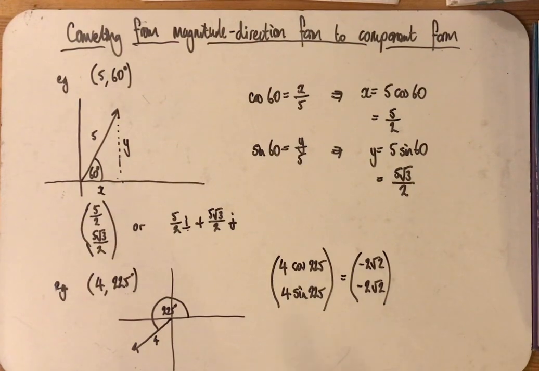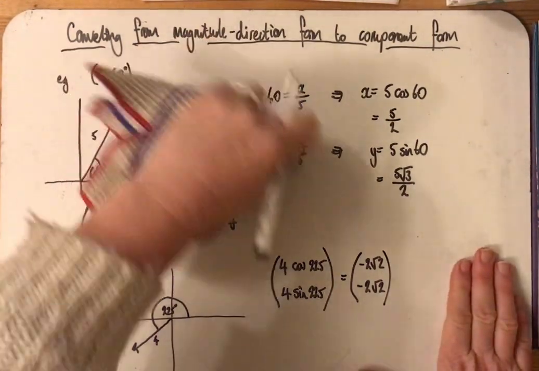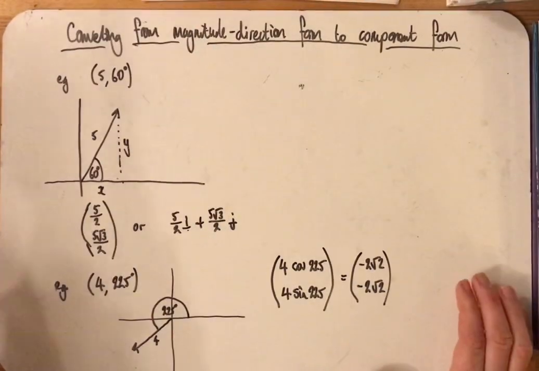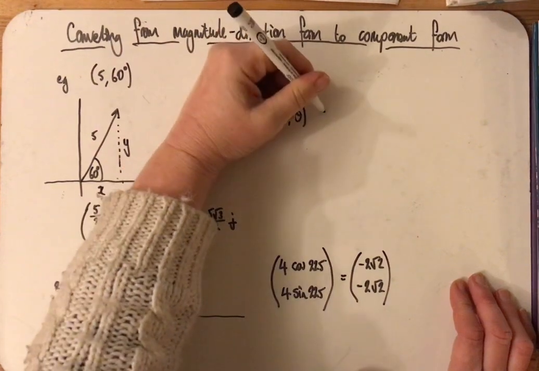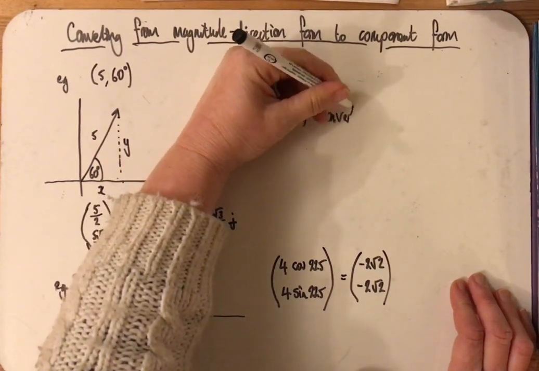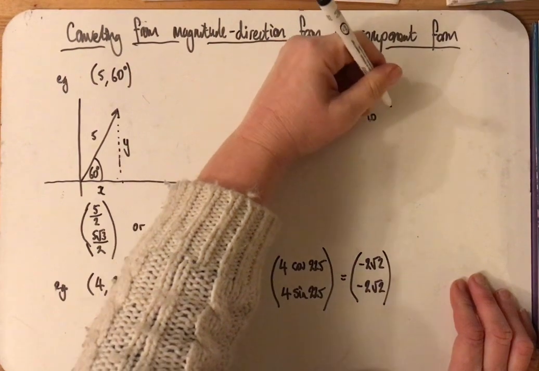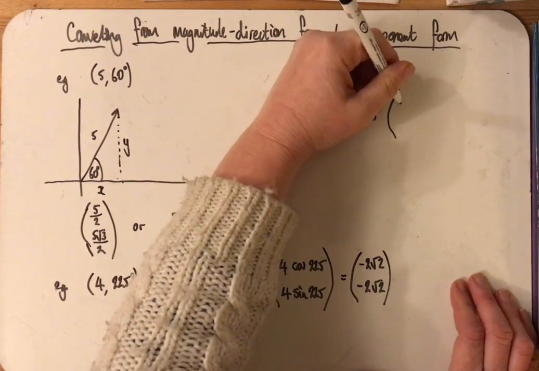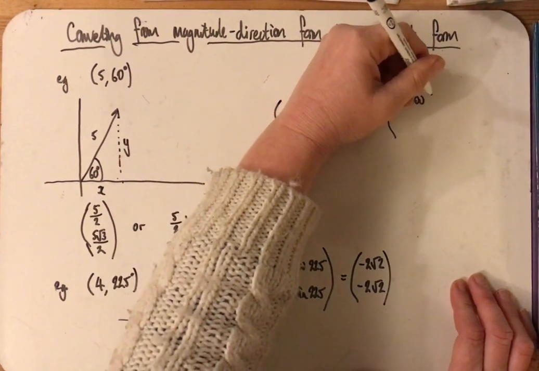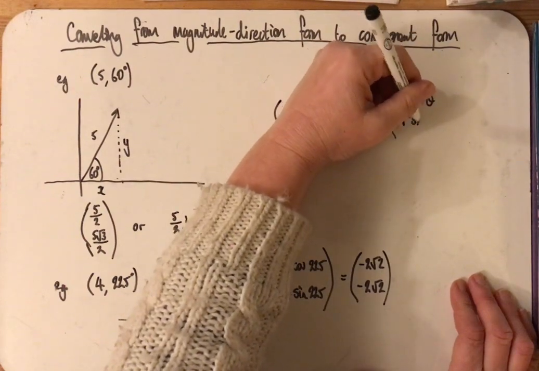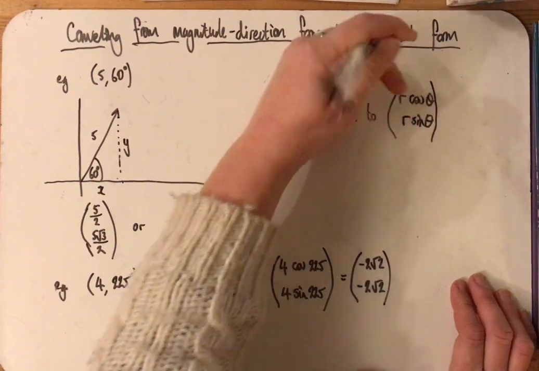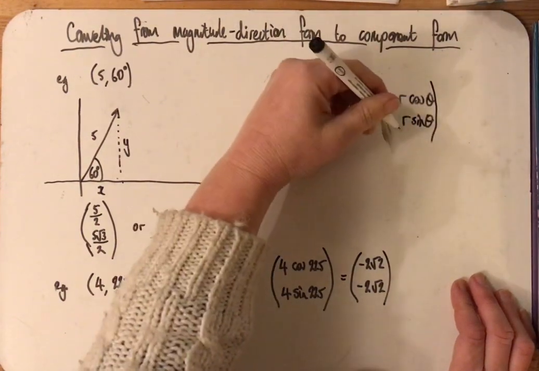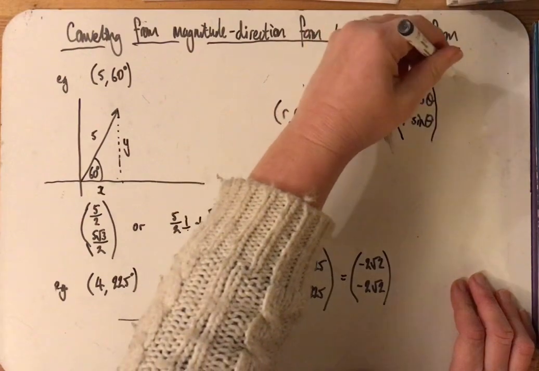But for converting from magnitude direction to component form, r theta converts to the column vector r cos theta, r sine theta.